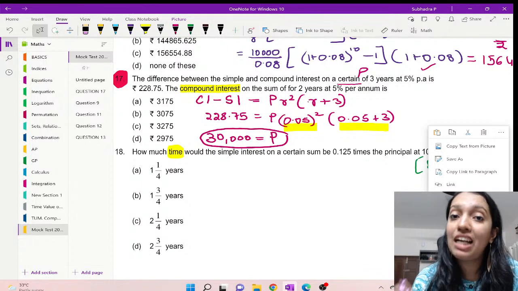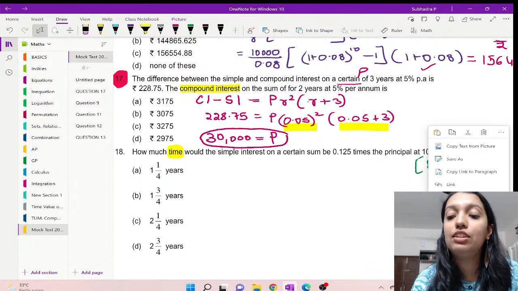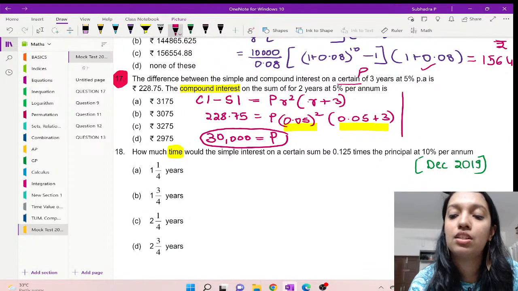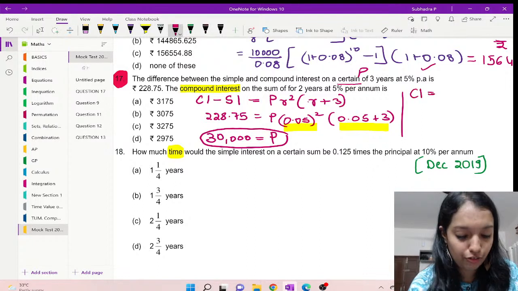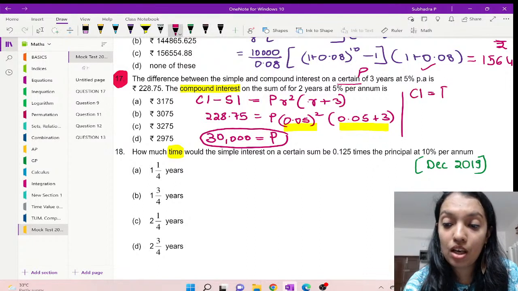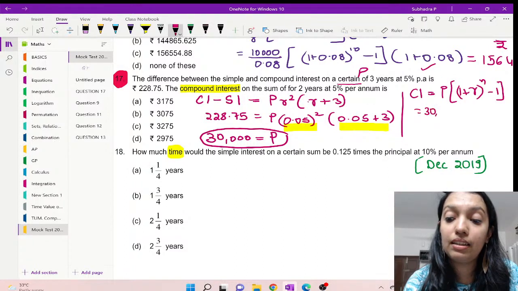I found P. Have they asked P in the question? No. They have asked you to find compound interest. So compound interest, what is the formula? It is P of 1 plus R whole power n minus 1. Which means it is 30,000 of 1 plus 0.05 whole cube minus 1.